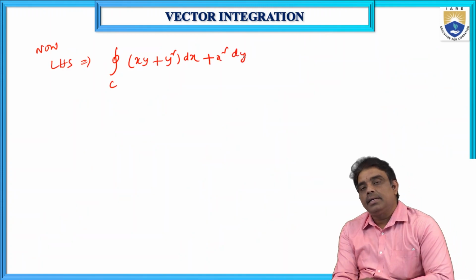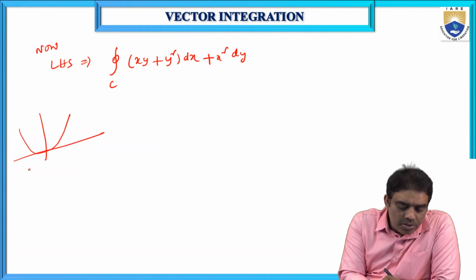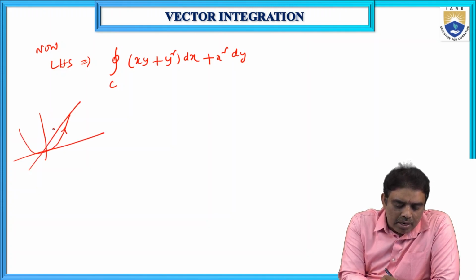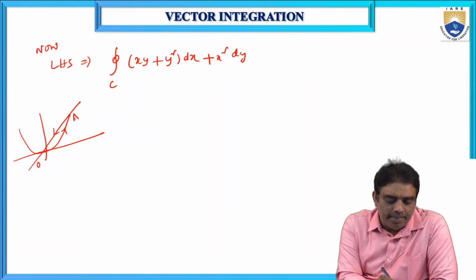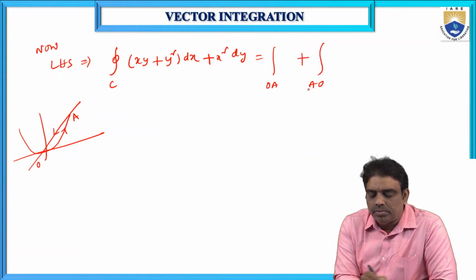We have to evaluate the line integral along the closed curve. What is the closed curve? One is the parabola and the other one is a straight line. So I have to write this as the integral along OA plus along AO.